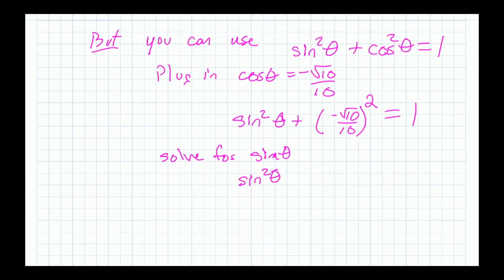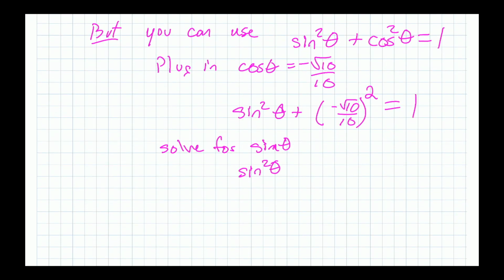We're just calling x cosine, and calling y sine. All right, so sine squared theta is there, plus, okay, we got to square that. If you square negative square root 10, you're going to get 10. If you square the denominator, which is 10, you get 100. So you have this.